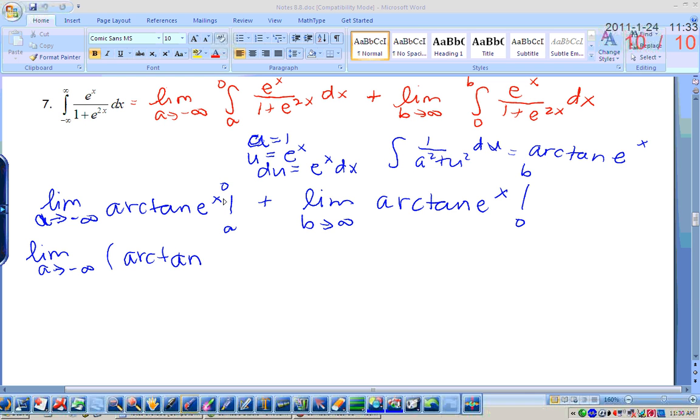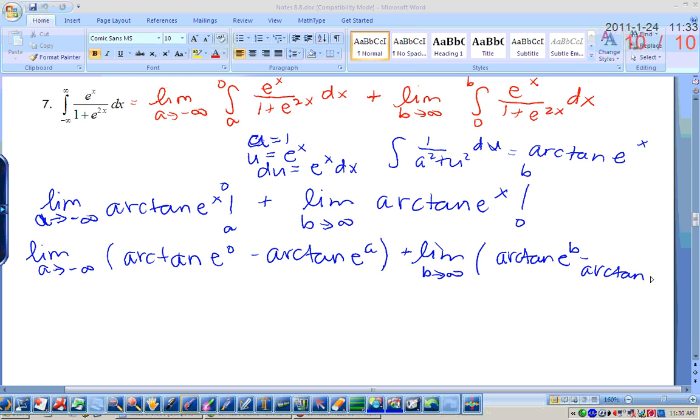Okay, so using my limits of integration, I'm going to have arctan e to the 0 minus arctan e to the a. And y'all can do all this, you just got to be really, really, really careful.